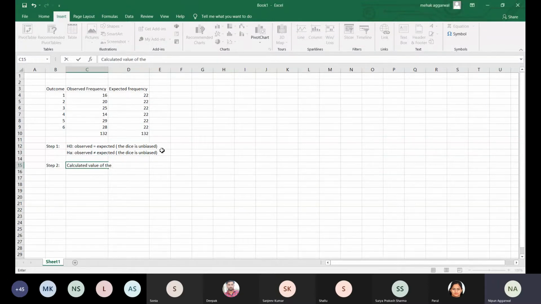So here I am writing chi-square only. You have to find the calculated value of the chi-square.